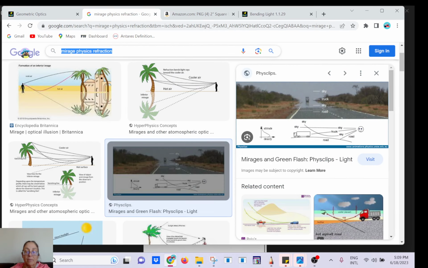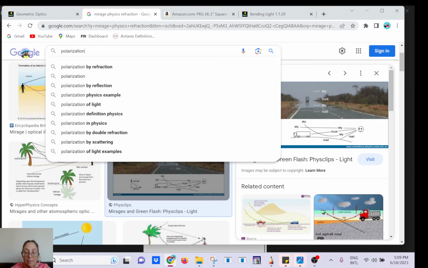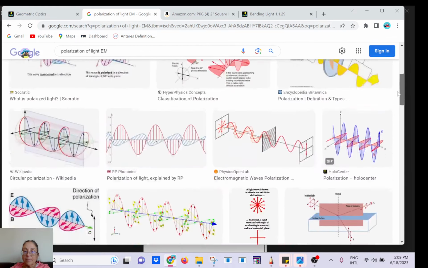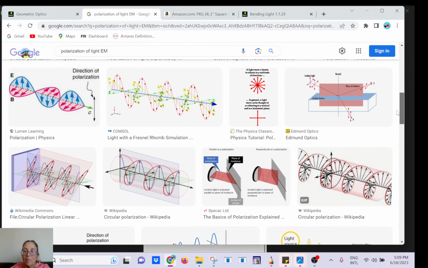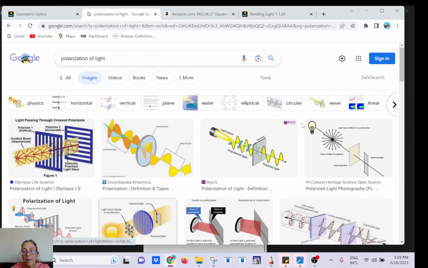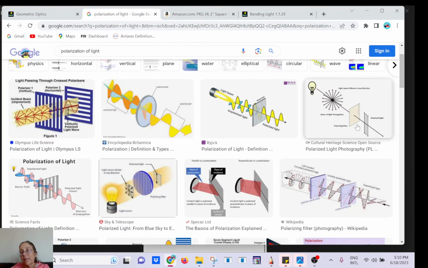of polarization of light. Let's see. So you see that here you force the electric field to go linearly, so up and down. Looking for a better picture. So you see here you have light coming from a real object.